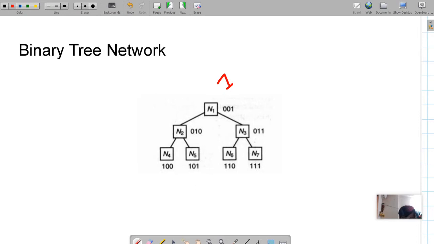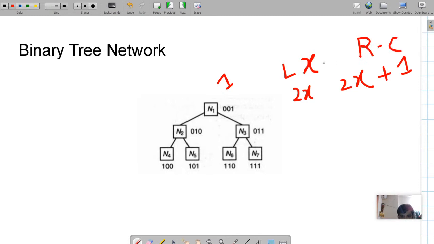That is, if the address of a node is x, then its left child will have 2x as its address and right child will have 2x plus 1 as address. So if you follow this convention, this is the address for left child and this is the address for right child.